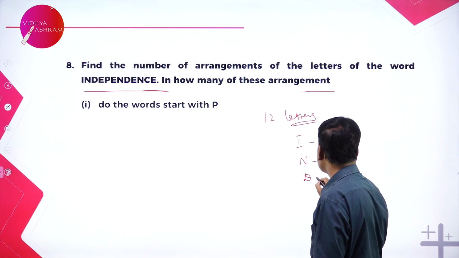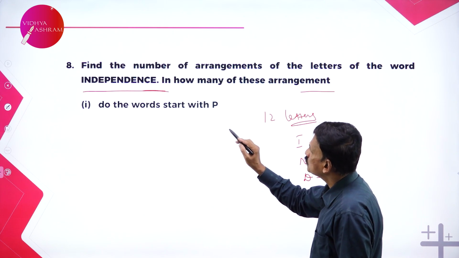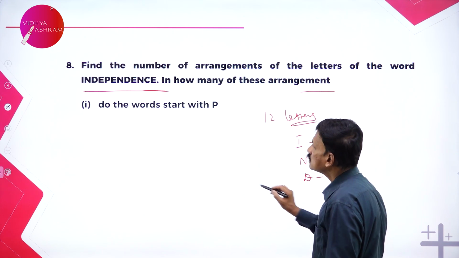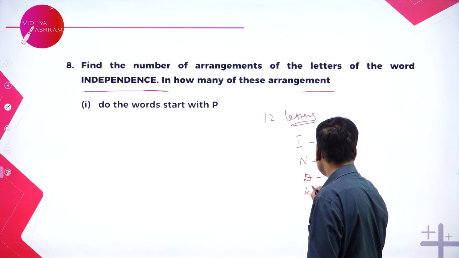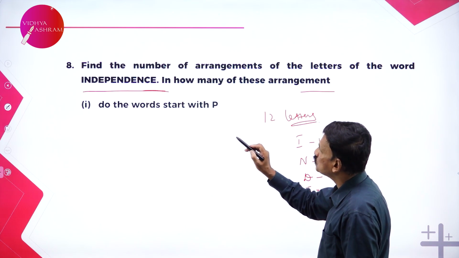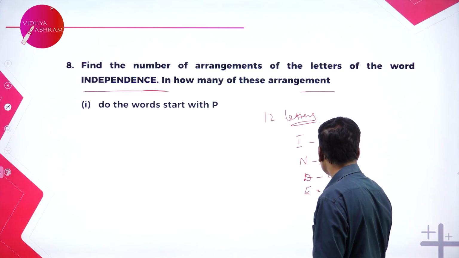D, how many D's are there? 1, 2, 2 D's are there. Then E, how many E? The letter E is 1, 2, 3, 4 E's are there.